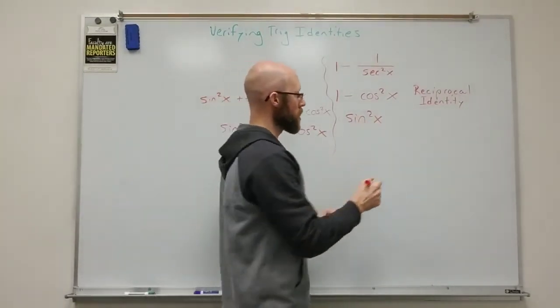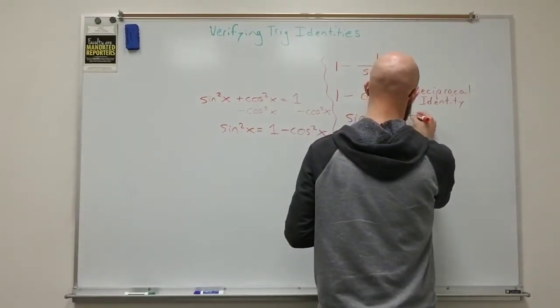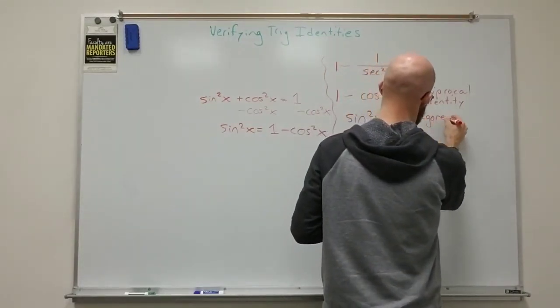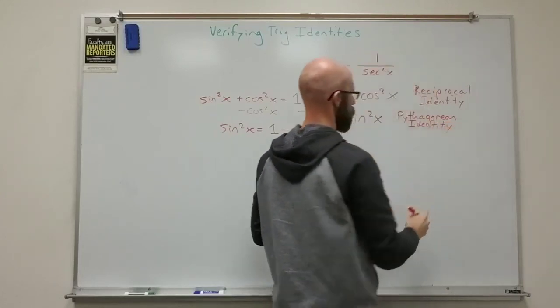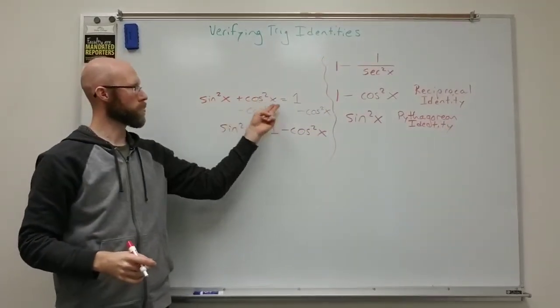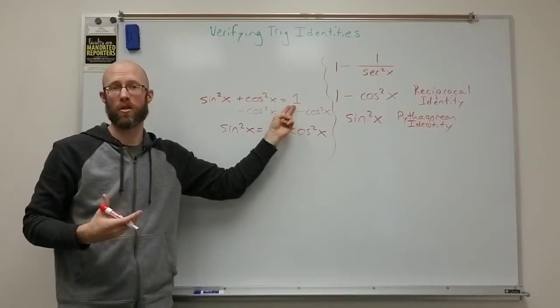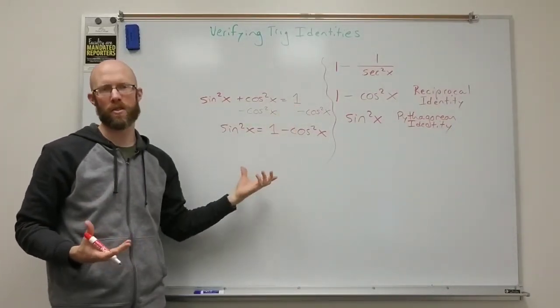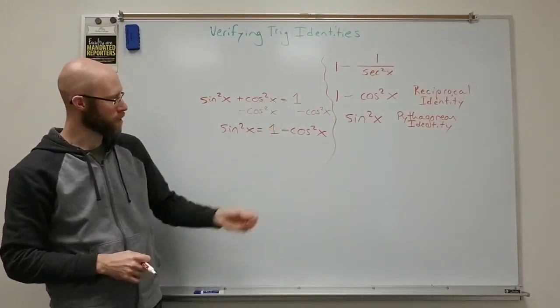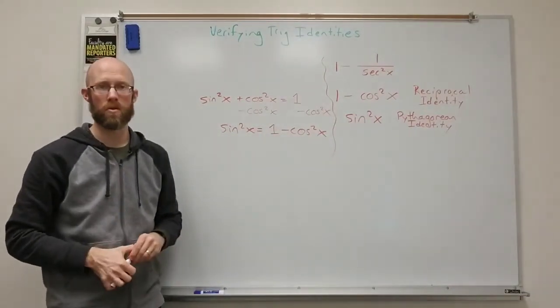And that's using a Pythagorean identity or a variation of the Pythagorean identity. Now, you could just write in here Pythagorean identity. But of course, it's not the Pythagorean identity in the form that you're familiar with. It's an alternate form, but that's okay. I'll accept Pythagorean identity because that's really what you used.